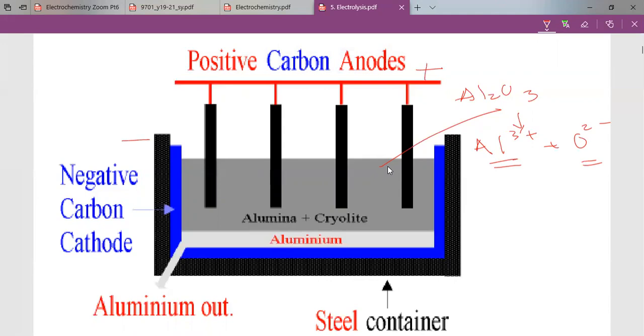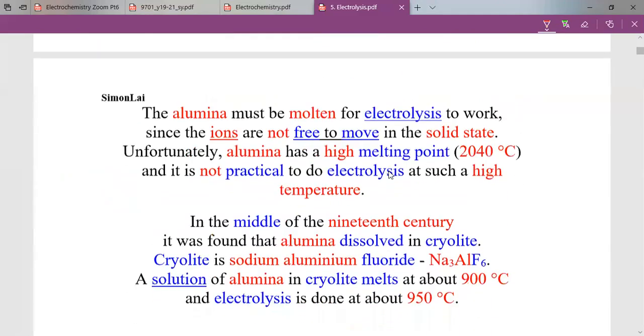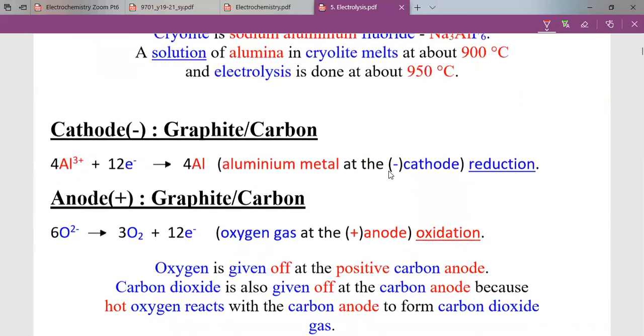The aluminium will go to the negative electrode and take electrons. So it's very simple, there's no choice. Only aluminium and oxygen are given out.